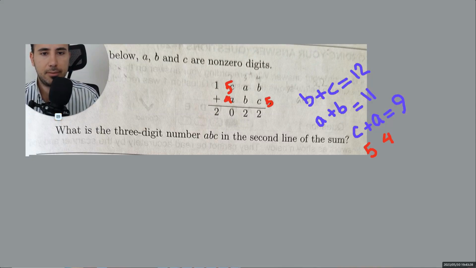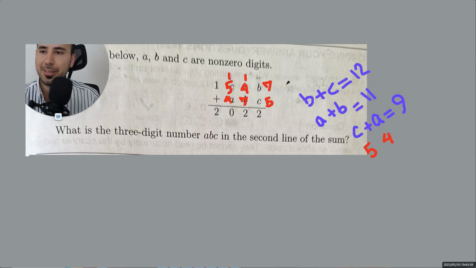C is 5 and A is 4. Let's see what happens here. Then B would be 7. 7 plus 2 goes up. 5, B would be 7 again, right? Yes, we had 7. So 7, 5, 12, 2 goes up. 12, 1 again.